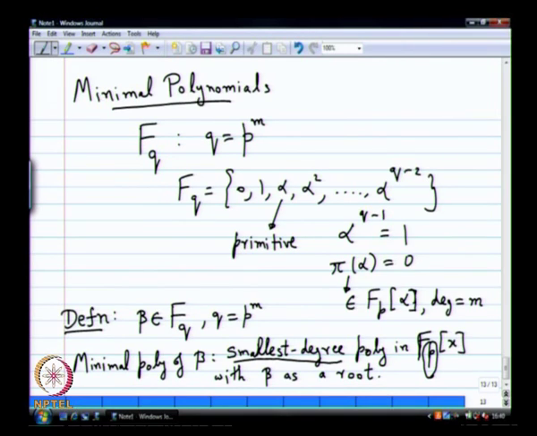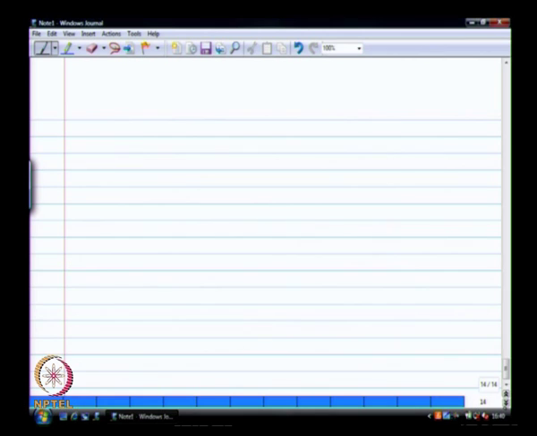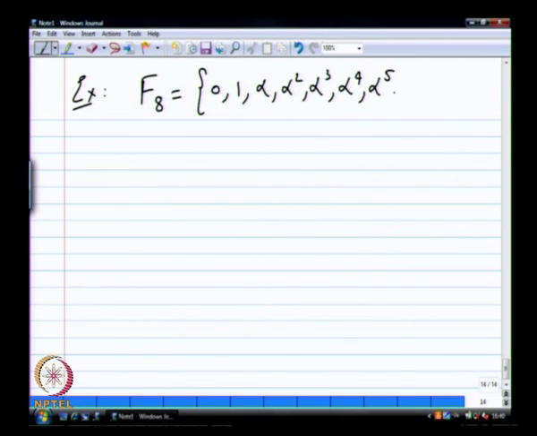Let's look at this a little bit more closely. Let's look at the example. I had F_8, which is 0, 1, alpha, alpha squared, alpha to the power 3, alpha to the power 4, alpha to the power 5, alpha to the power 6. Do you know a polynomial for which alpha is a root? The primitive polynomial itself is the answer, right.